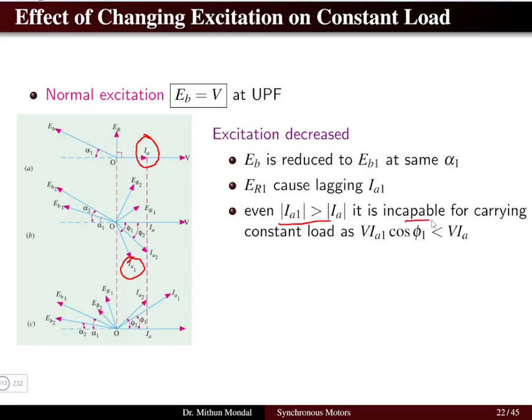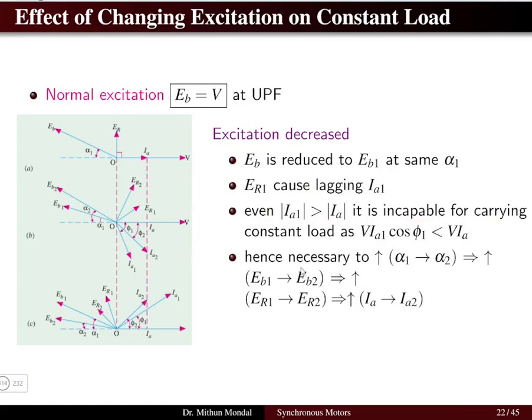It is incapable of carrying the constant load, as the power, that is V IA1 cos phi 1, is less than V IA. So the power when the excitation has decreased is less than the power for the normal excitation case. So it will not be able to drive the load. Even though the current has increased, the power is not sufficient to drive the load.